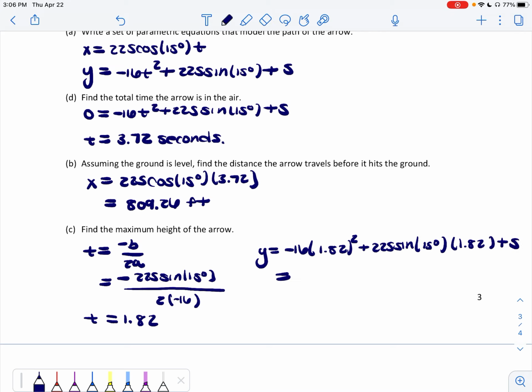Okay, so if we plug in 1.82 for t in our y equation, then we are going to get a maximum height of 57.99, or about 58 feet off the ground.